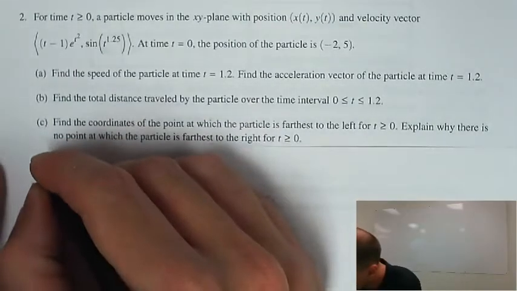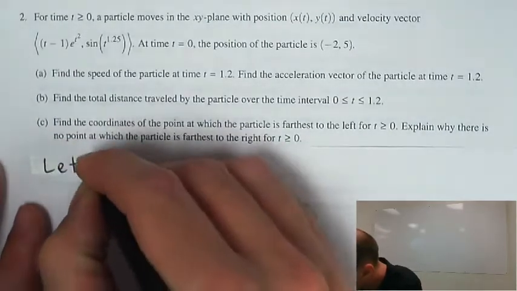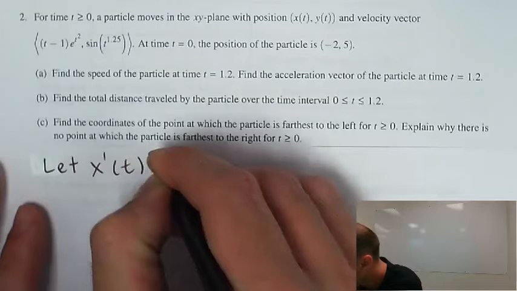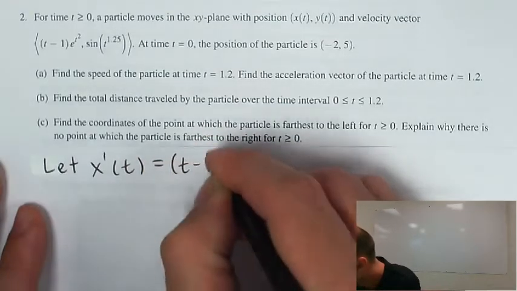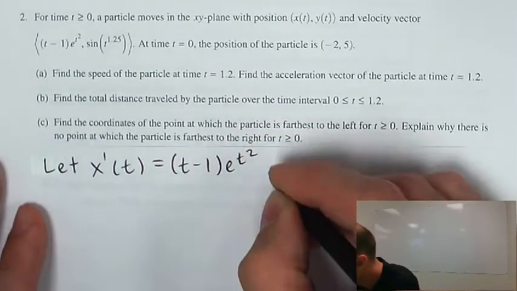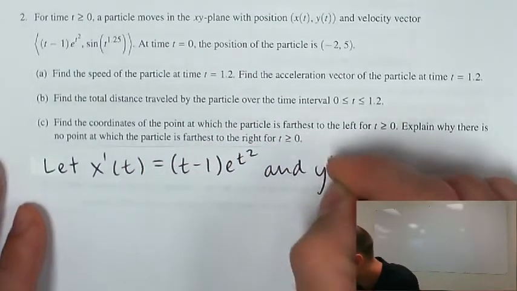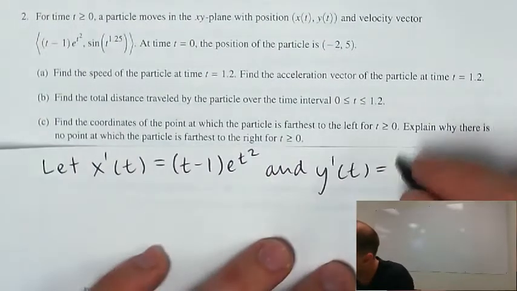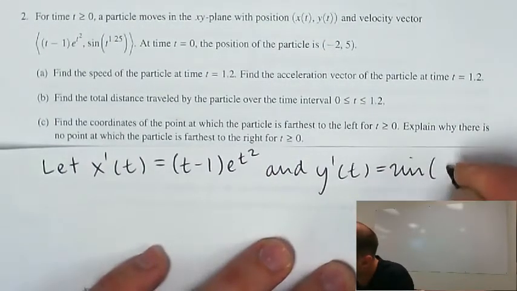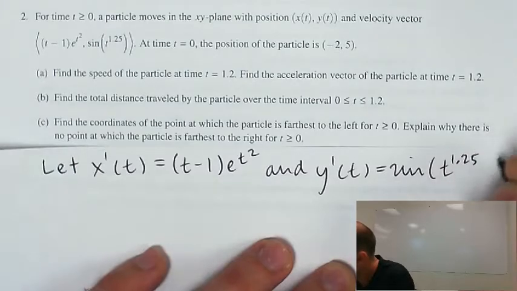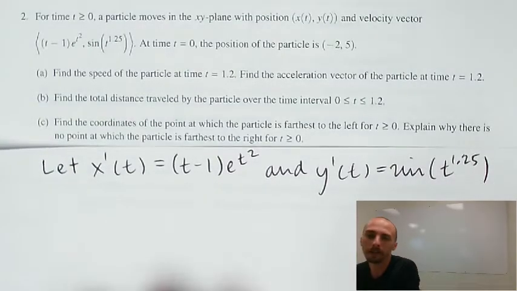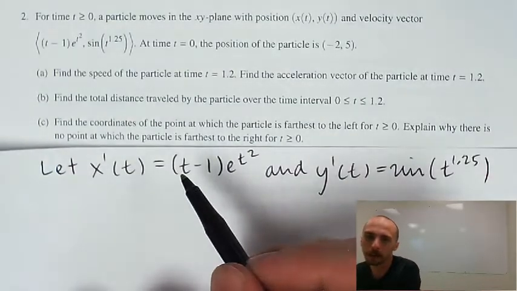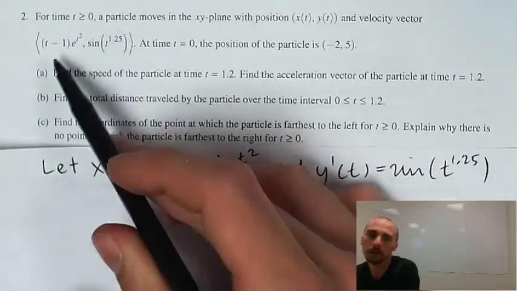But I'm going to clearly say, let x prime of t equal t minus 1 e to the t squared, and y prime of t equals sine of t to the 1.25. And I'm knowing that in all likelihood, if you call x prime of t and y prime of t, they're going to know you mean these things.